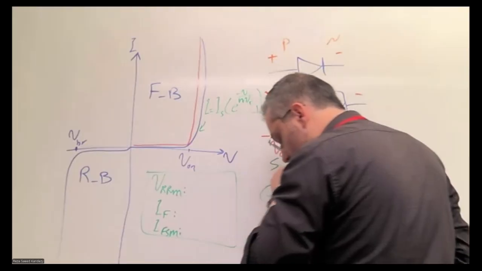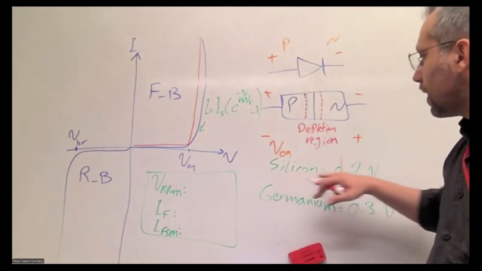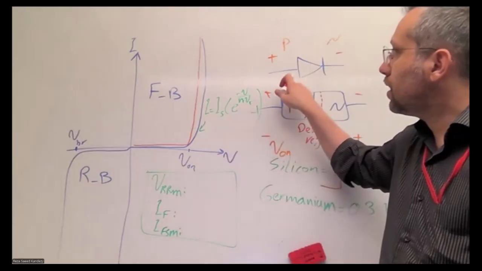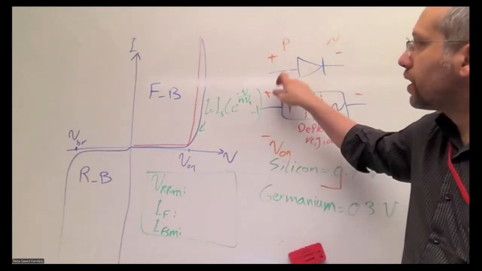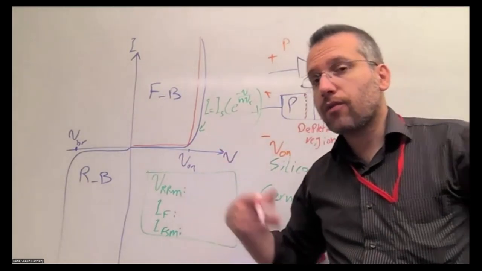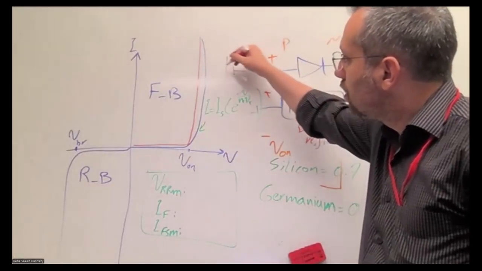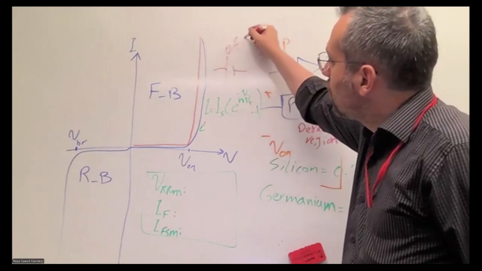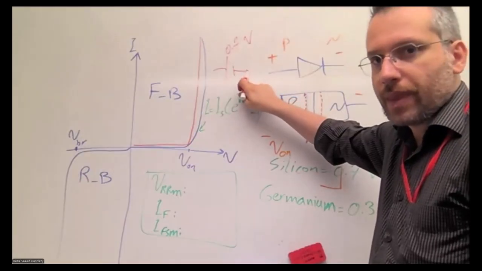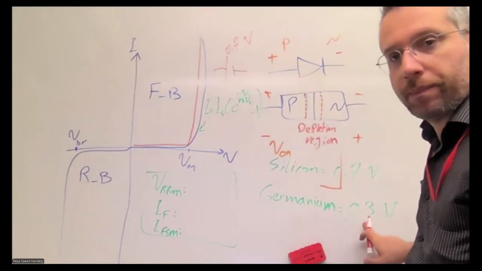What that means is, if we have a silicon-based diode in the circuit, when it is in forward bias, we replace it by a single 0.7 volt voltage drop, like a DC voltage drop, equal to the voltage on. If it's germanium, that 0.7 becomes 0.3.